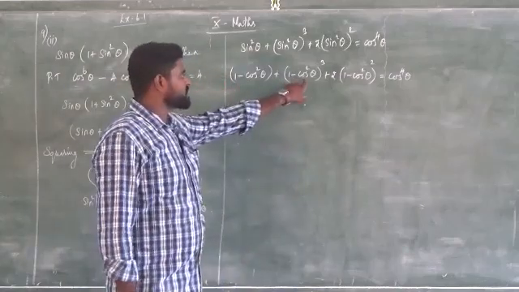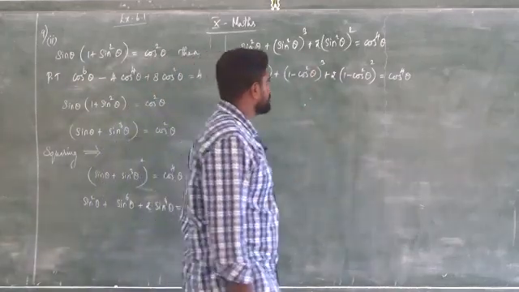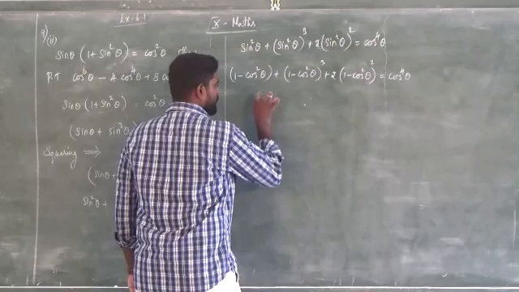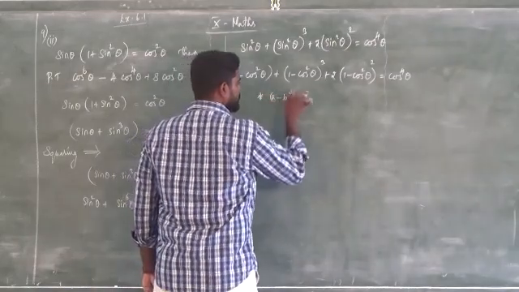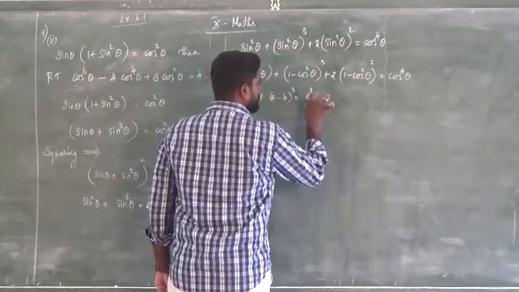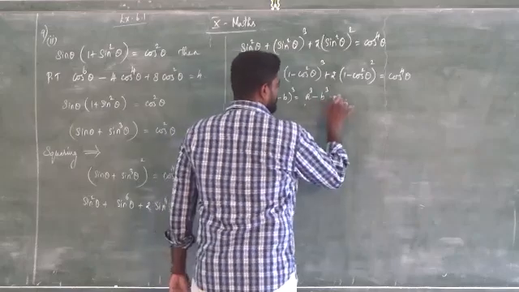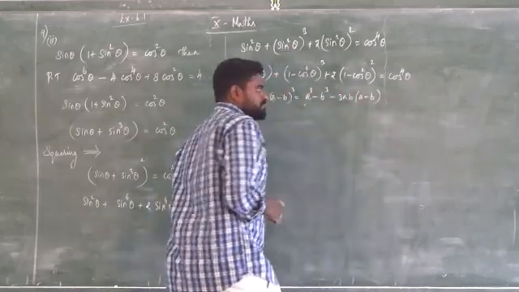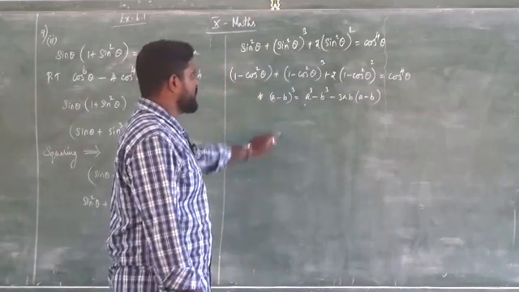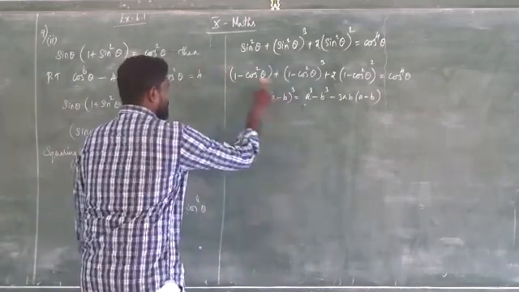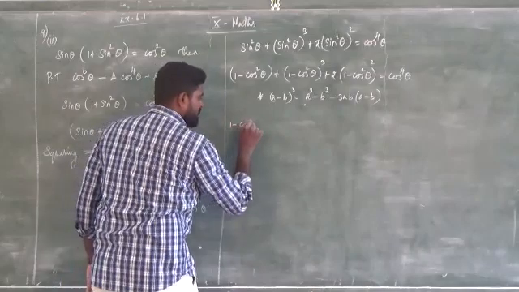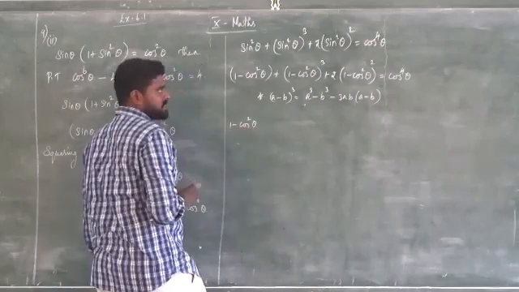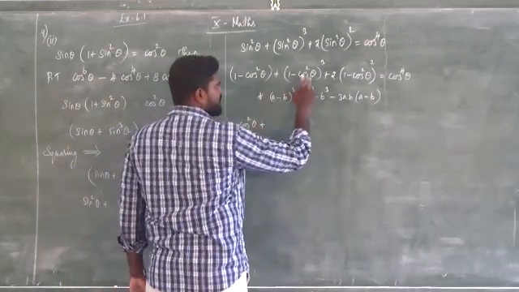So a minus b whole cube formula. What is the formula for a minus b whole cube? A minus b whole cube is equal to a cube minus b cube minus 3ab into a minus b. So this is the formula for a minus b whole cube. So what is the first term? 1 minus cos square theta as it is plus a minus b whole cube.